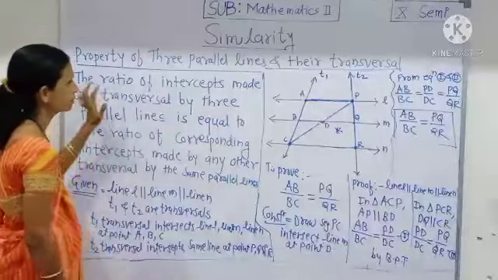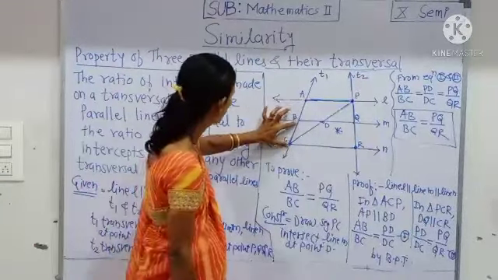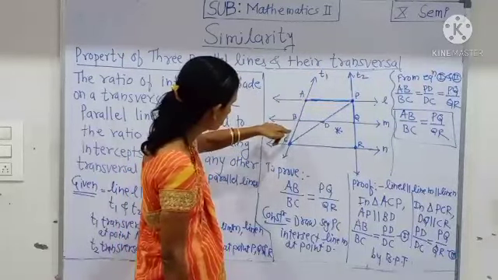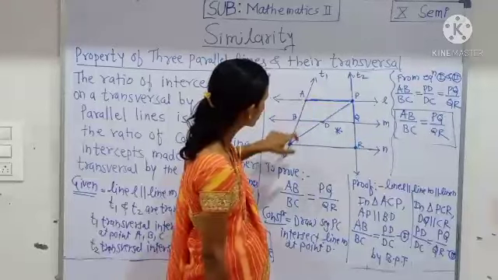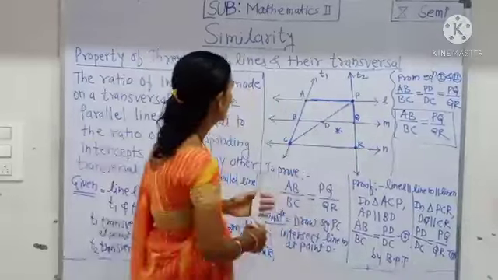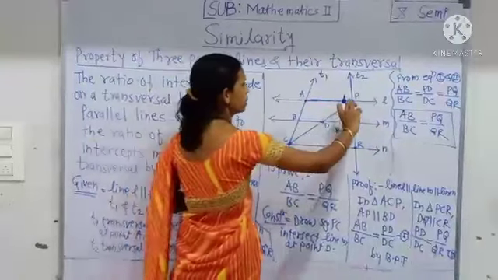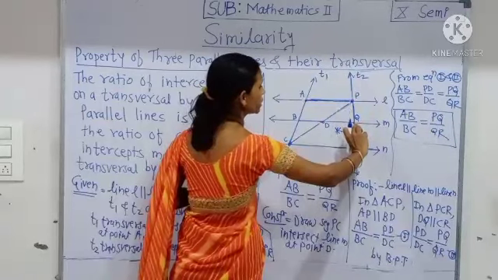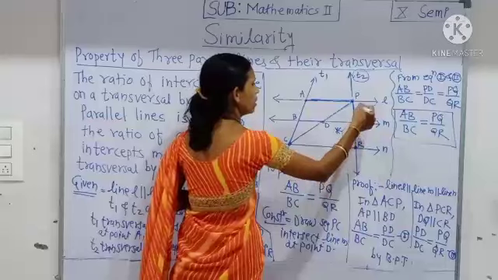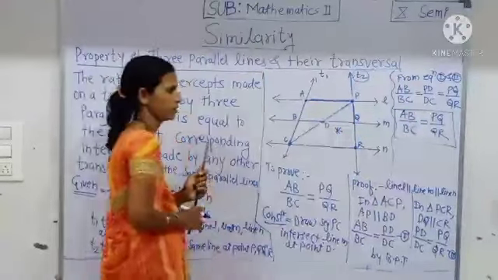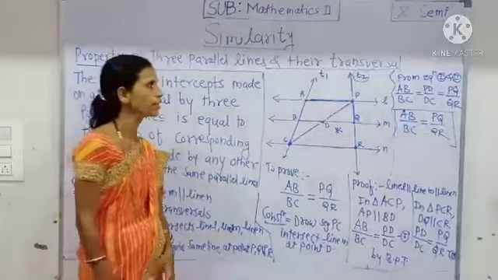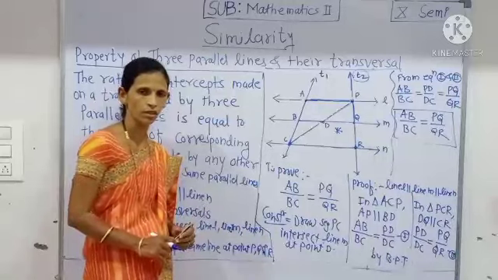The ratio of intercepts made on one of the transversals, that is T1, by three parallel lines, is equal to the ratio of intercepts made on another transversal by the same three lines. That is the theorem of three parallel lines and their transversal.